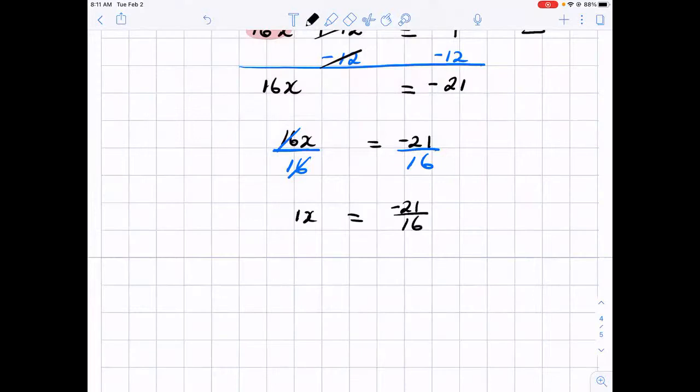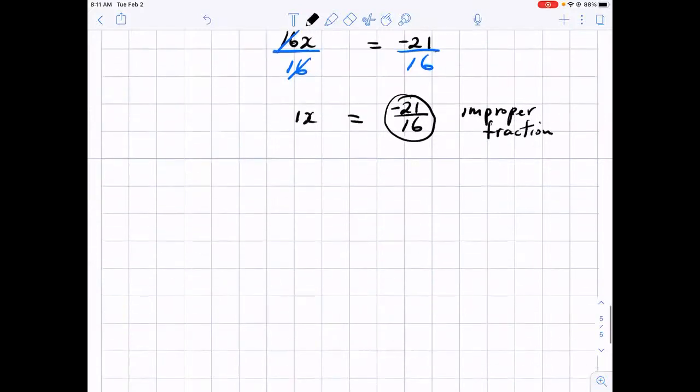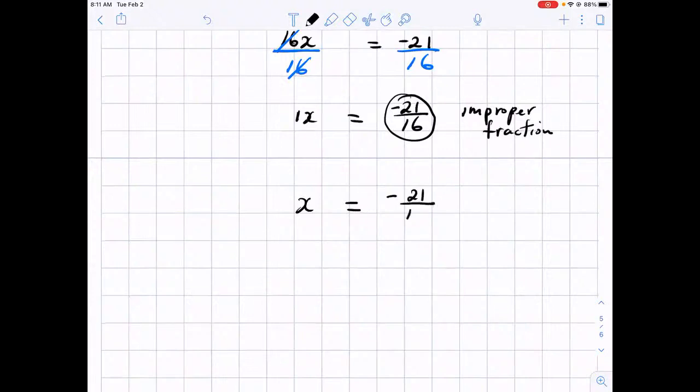Now this is algebra, okay, so we could leave improper fractions improper. Okay, the top number is bigger than the bottom. You don't have to simplify it to a mixed number. So we have x is equal to minus 21 over 16. Now, I don't think 21 over 16 could be simplified, so you leave it as that.